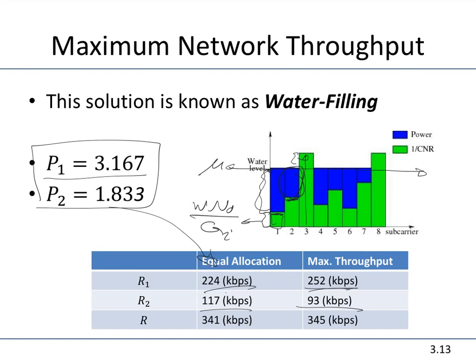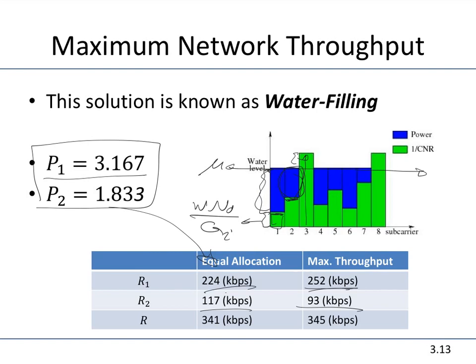It might be good when the number of users is really high. Exactly. But remember, in water filling, assuming the mathematical derivation is done offline, calculating mu is simple based on the maximum power.